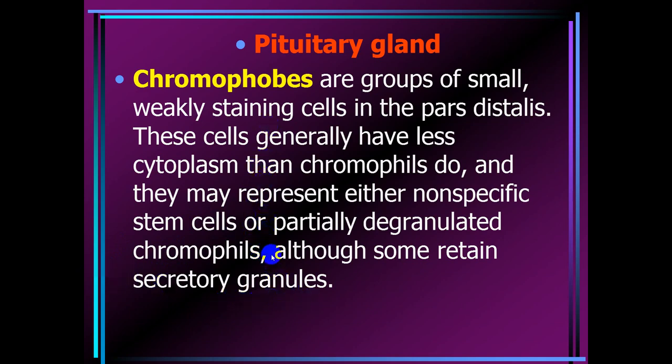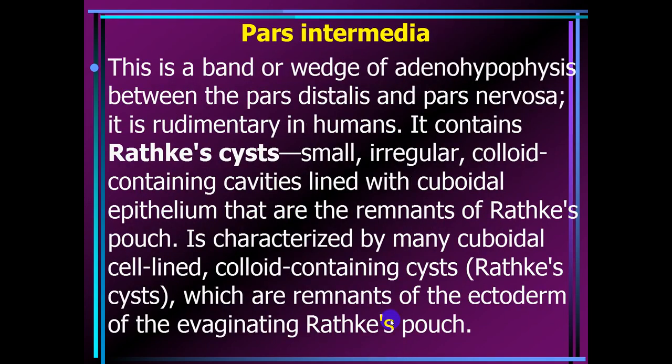That's why today we don't fully understand what chromophobes are. Some think that it is a stem cell which can later, if it is necessary, differentiate into acidophils or basophils.